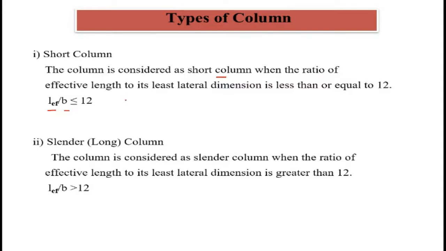You just know the theory yang ni, kita tak buat calculation for this. While when the ratio of effective length to its least lateral dimension is greater than 12, we call it slender column.